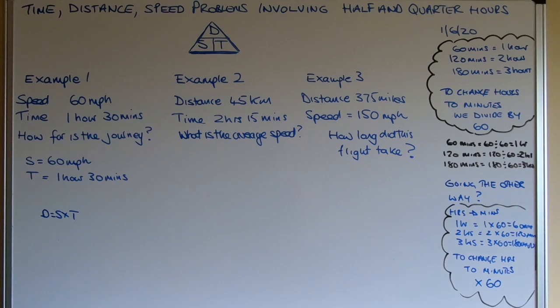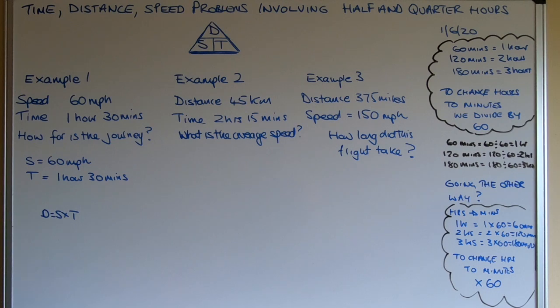But let's check now to see if our units are compatible. 60 miles per hour and the time 1 hour and 30 minutes. Let's hold on there. 60 miles per hour. So we want our time in terms of hours, and we have it in terms of hours and minutes. So that's our first task. We have to express it in terms of only hours.